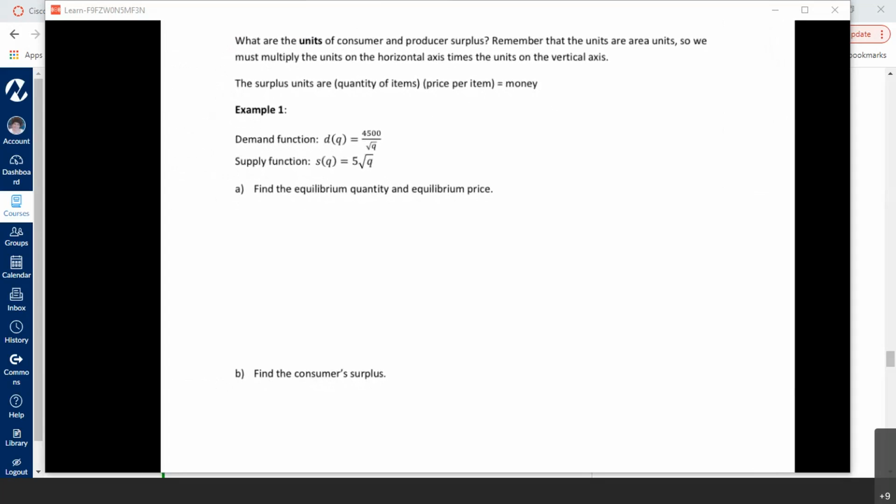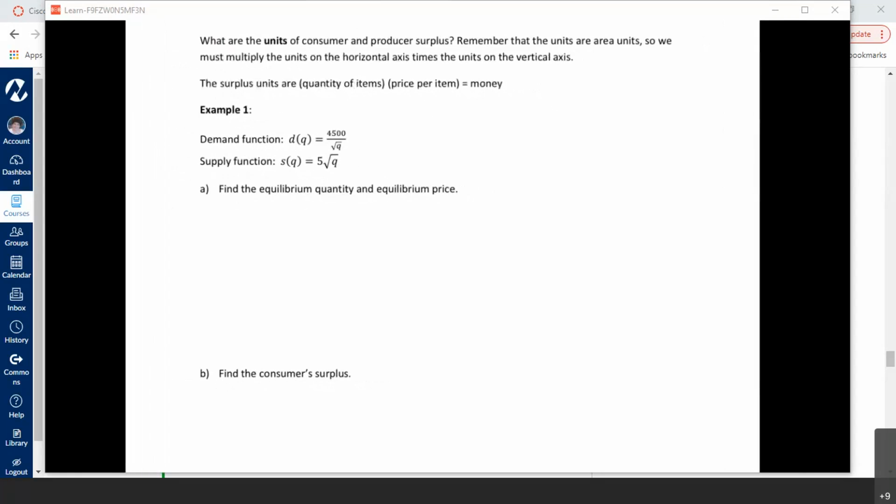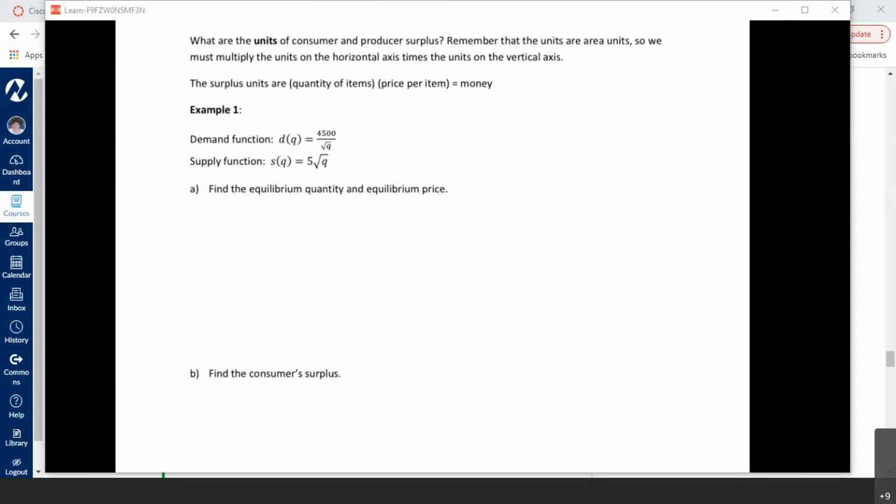Let's say we have a demand function that looks like this, D of Q, and a supply function that looks like this. Can anybody figure out how we would determine equilibrium quantity and equilibrium price? How do you find equilibrium quantity and equilibrium price?